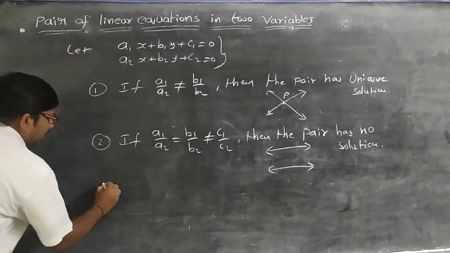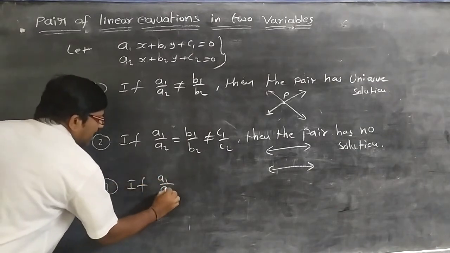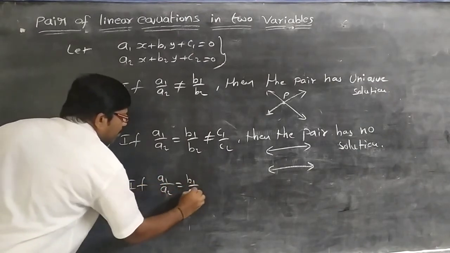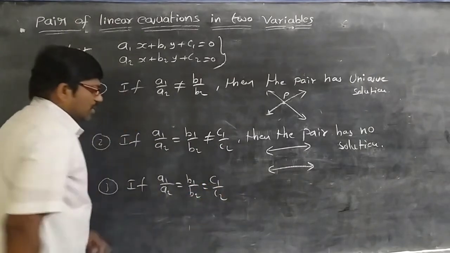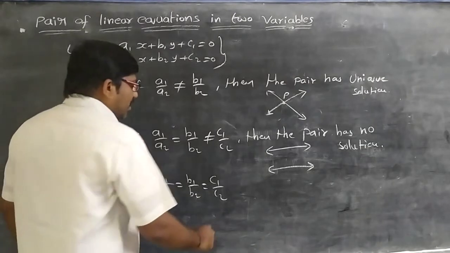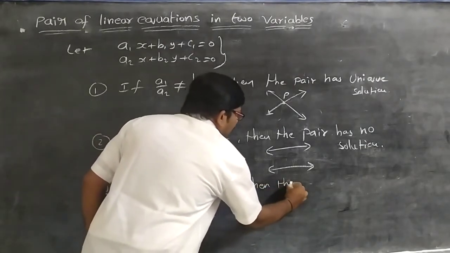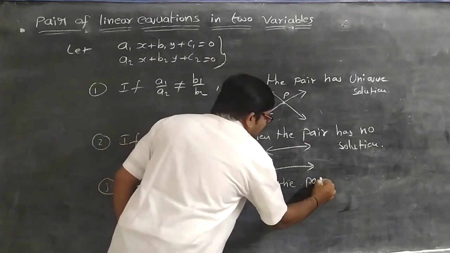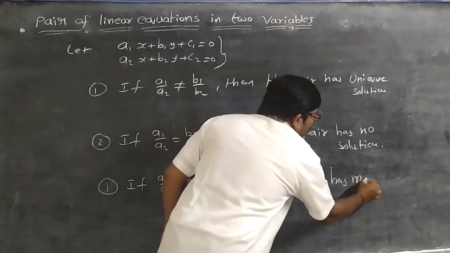The third condition is, if a1 by a2 is equal to b1 by b2 is equal to c1 by c2, means all ratios are equal, then the pair has many solutions.